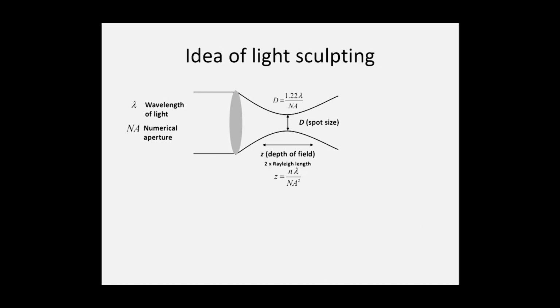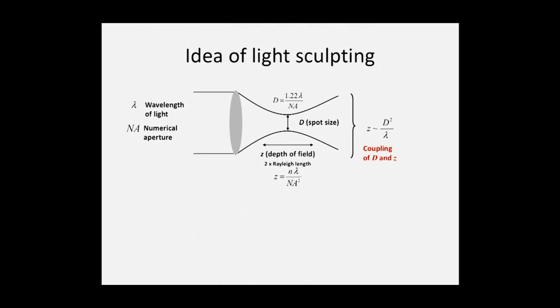The problem that we are facing is the fact that these two parameters that fundamentally define the properties of light in the sample are both given by the wavelength of light, lambda, and the numerical aperture of the optics, which is basically the ratio between the diameter of the lens and the focal length. So as such, the two are inherently coupled.